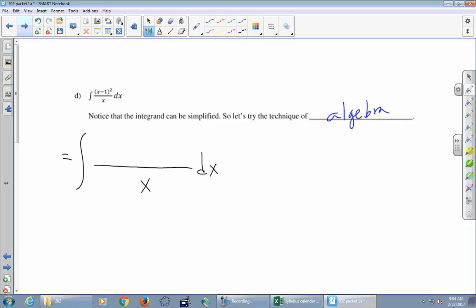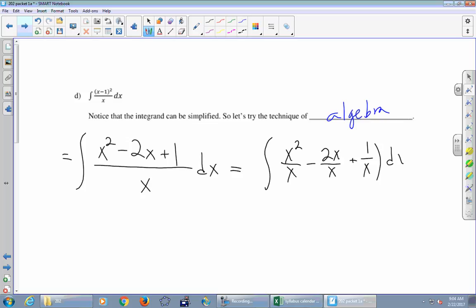Okay, so x minus 1 squared, see 2 of them. We're going to FOIL these two guys together. X squared minus 2x plus 1, yes? U substitution is not going to work on this guy. And then this guy we can split up, right? X squared over x minus 2x over x plus 1 over x.